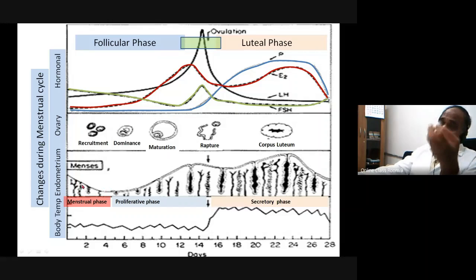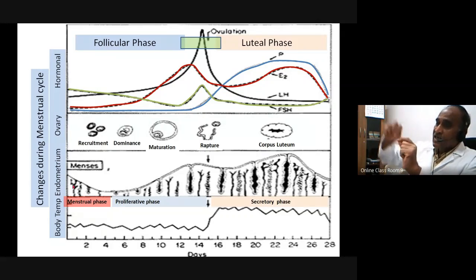If you look at the arterial supply of the endometrium, it has two types of arteries. One is the basal artery, the straight basal arteries. These are permanent, and then there are the spiral capillaries. These are the functional capillaries.